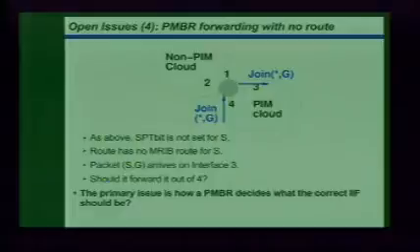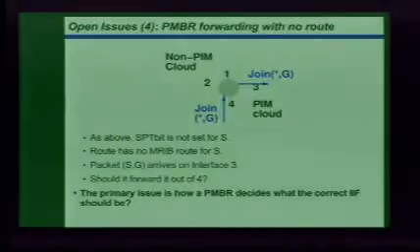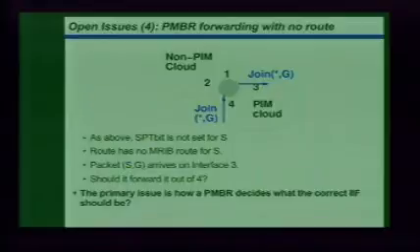In this case, the SVT bit is not set, and the router has no MRIB route for the source, so it has no idea where SG would be. And an SG packet arrives on interface 3. What should the router do with it?